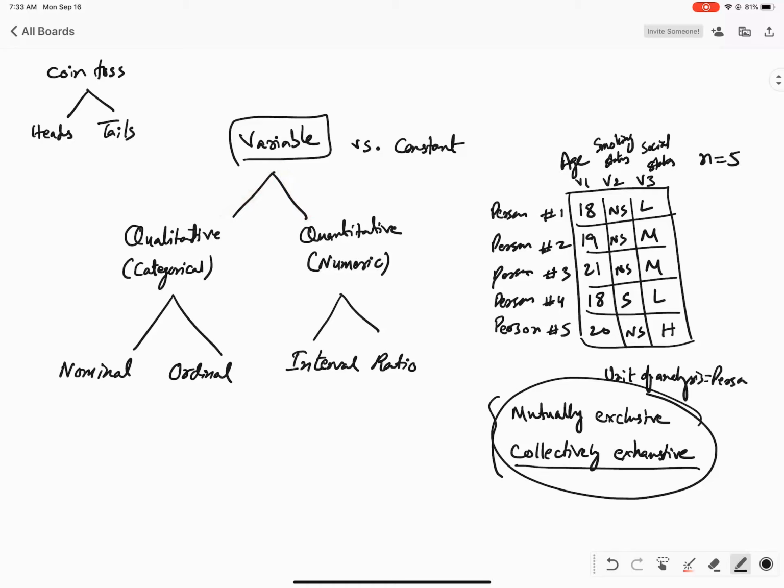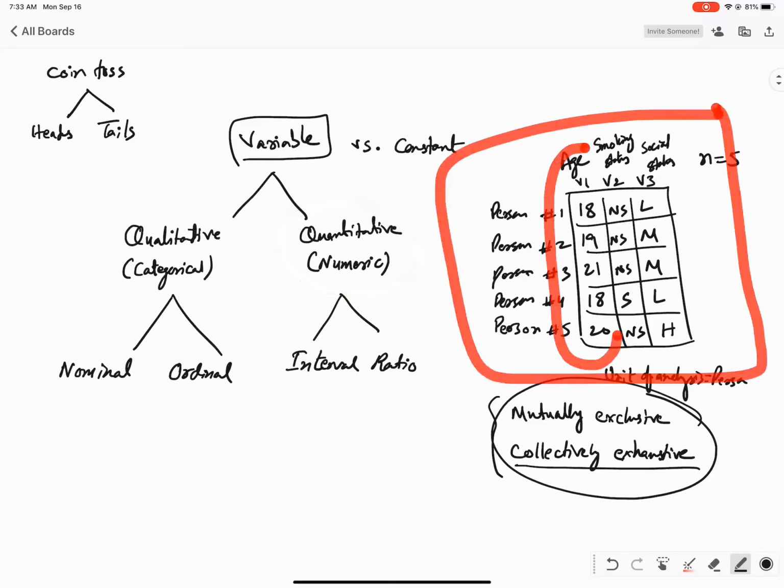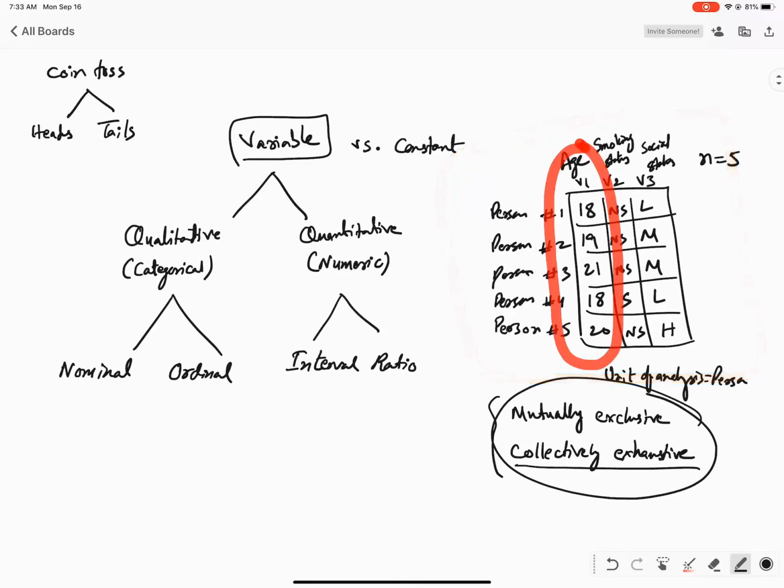A numeric variable is a variable that provides a specific numeric response for each and every observation in the sample. In other words, we're talking about a column that consists of numbers. In my example over here, age is an example of a numeric variable because I have all numbers in this column.